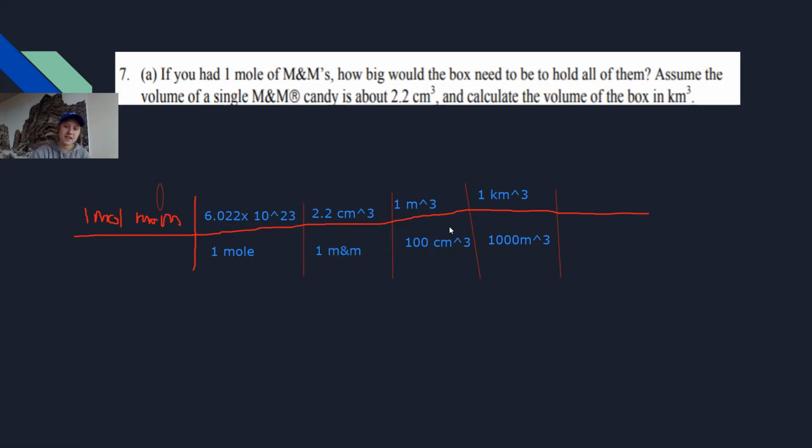And then centimeters cancel, our meters cancel, and then we have this in kilometers.